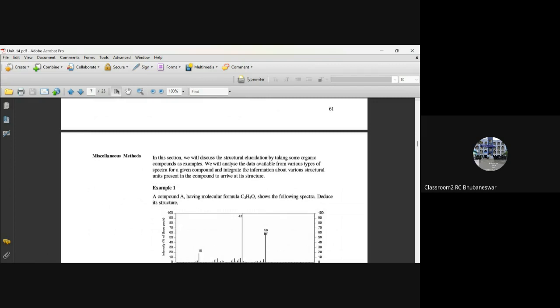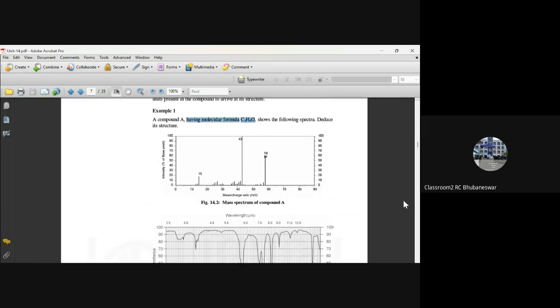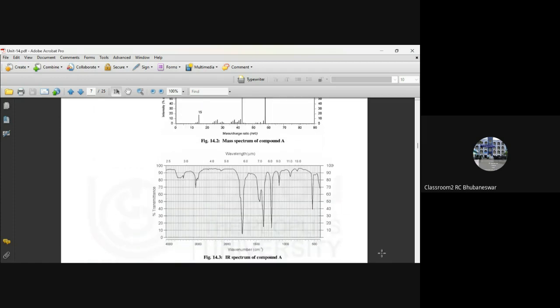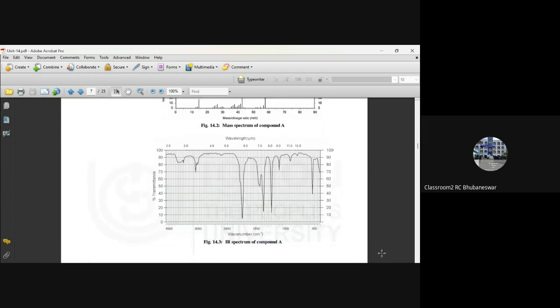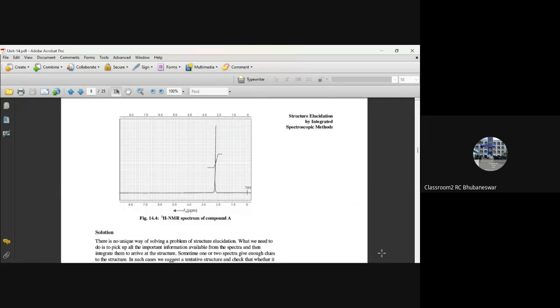Now we'll see one example. A compound A has the molecular formula C3H6O, which shows the following spectra. The mass spectrum is given, the IR spectrum is also given, and the NMR spectrum is given.